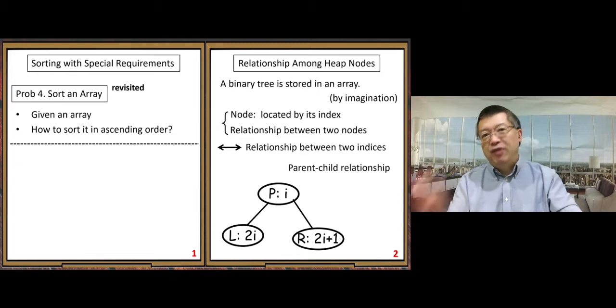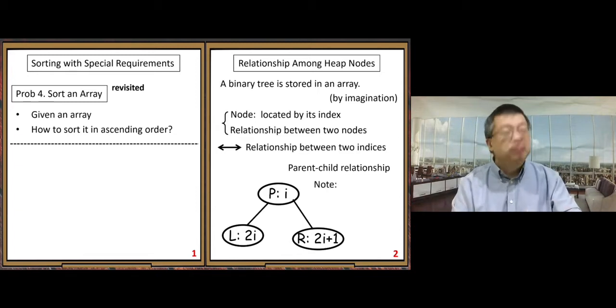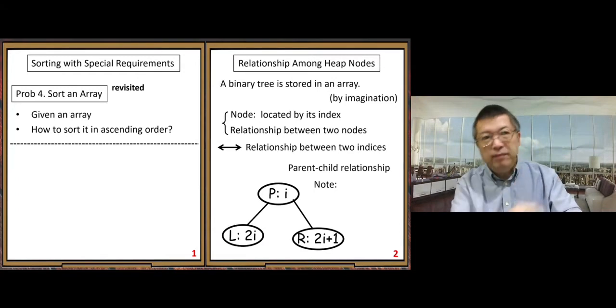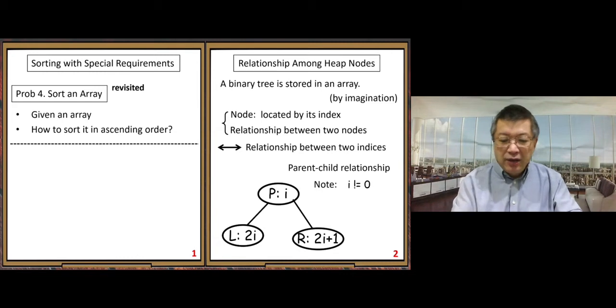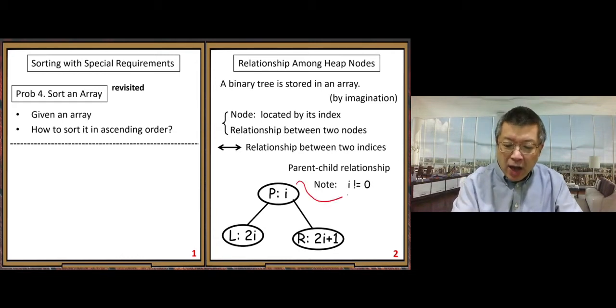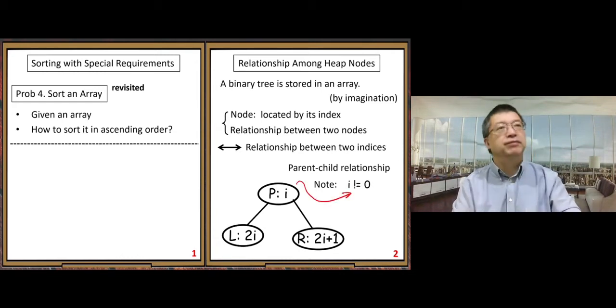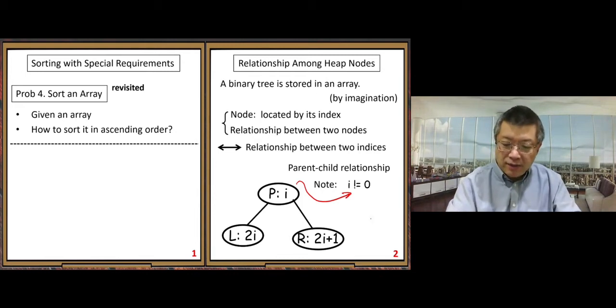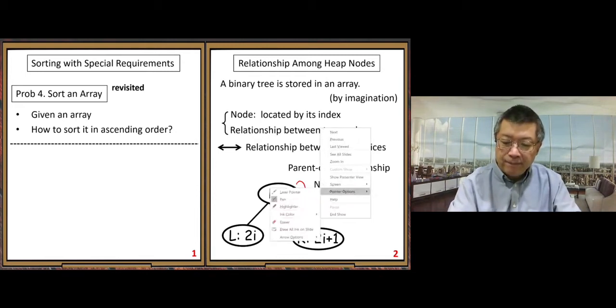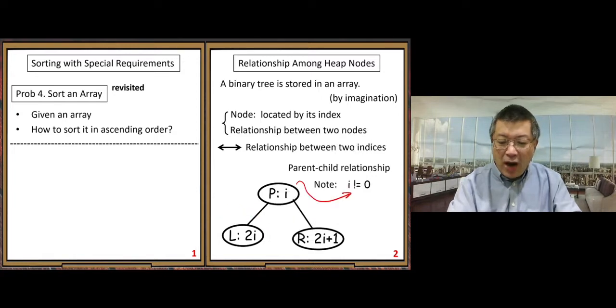But for this kind of arrangement, there is one little thing we need to consider. That is, the i cannot be 0. You can think about why i cannot be 0.